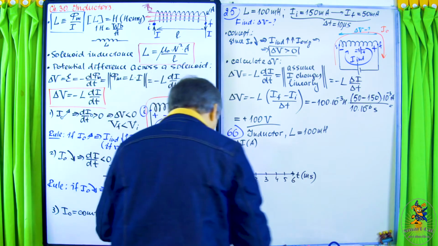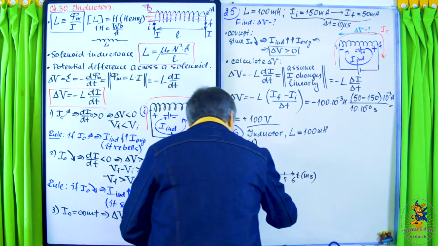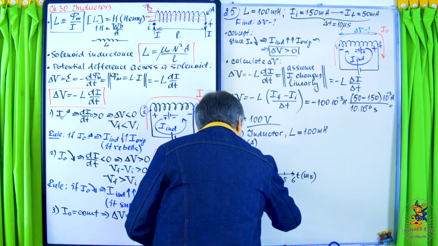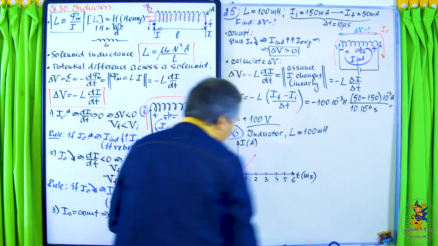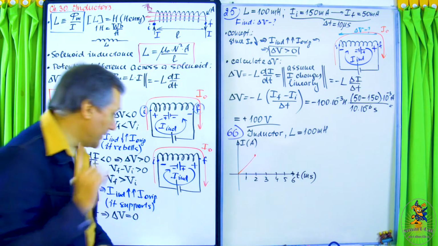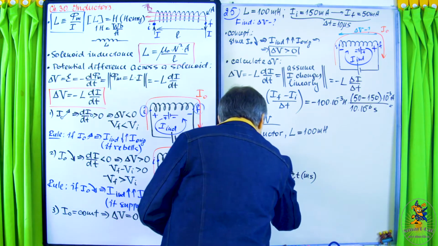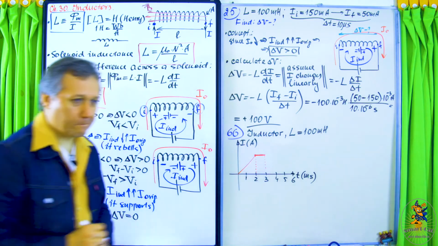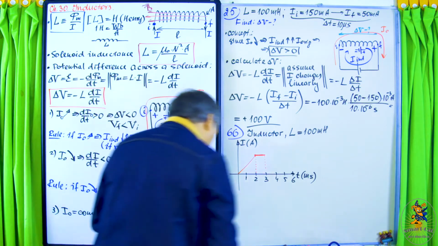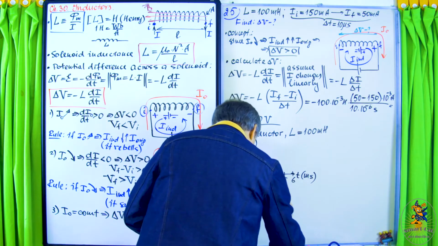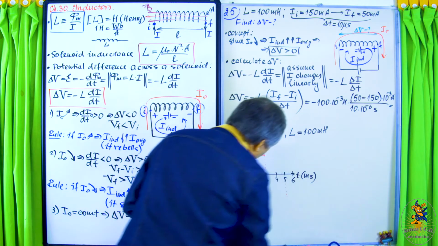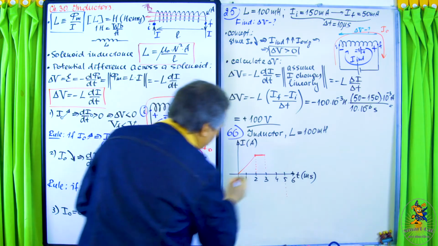And now, first the current grows linearly up to the point of 2 milliseconds. Then it stays constant for 1 millisecond, up to the 3 millisecond point, and then it goes down to -2 at the 5 millisecond point.